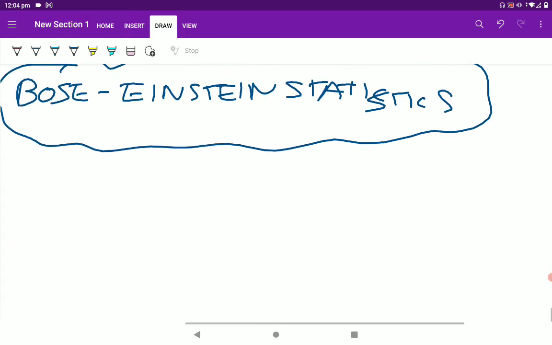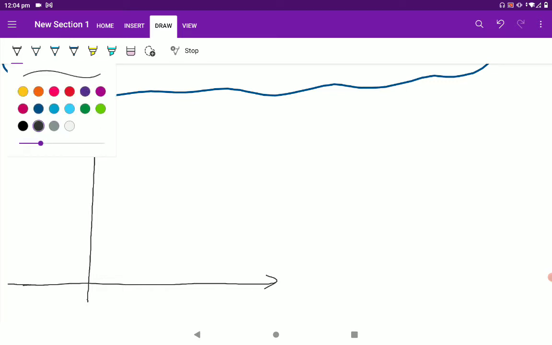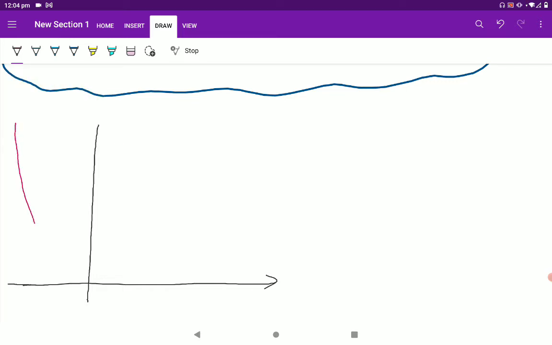So it means that we have many atoms and many oscillators, and one will have the energies indicated by these green lines.